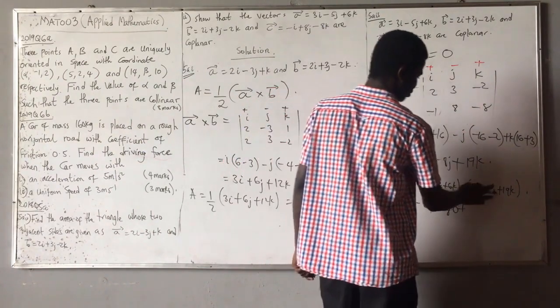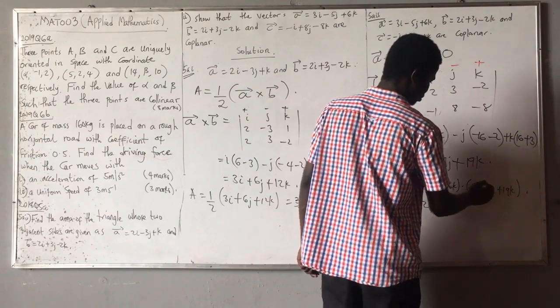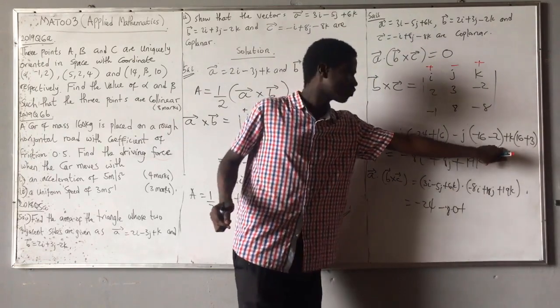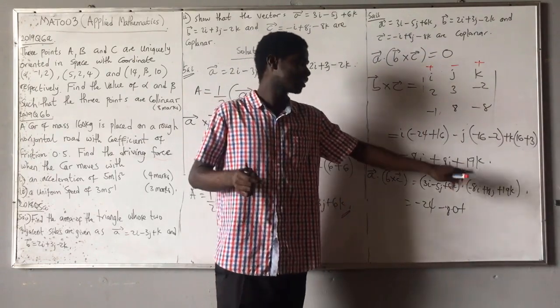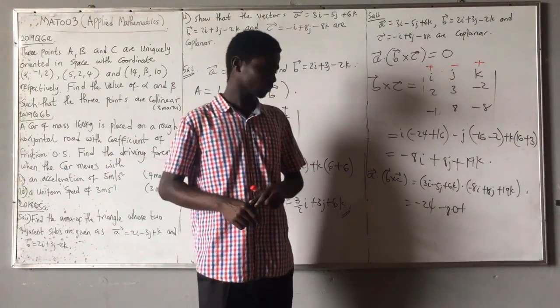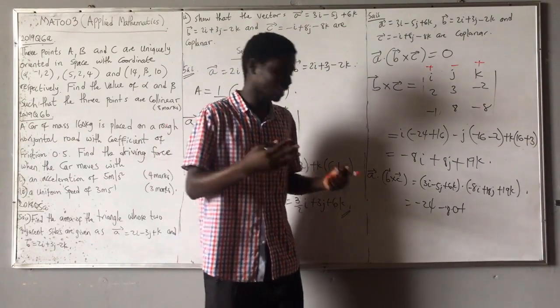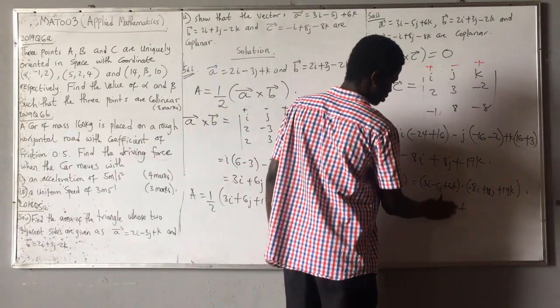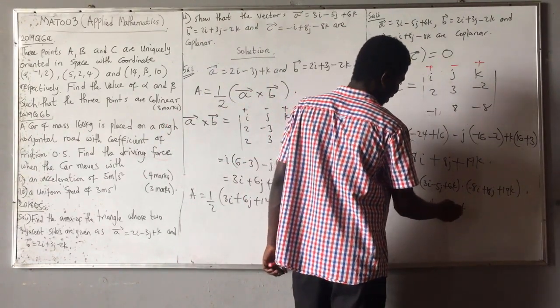Oh, this is 18. Minus 16 minus 2 is minus 18. Minus 18 times 1 is 18. 5 times 18, the answer is actually 90.